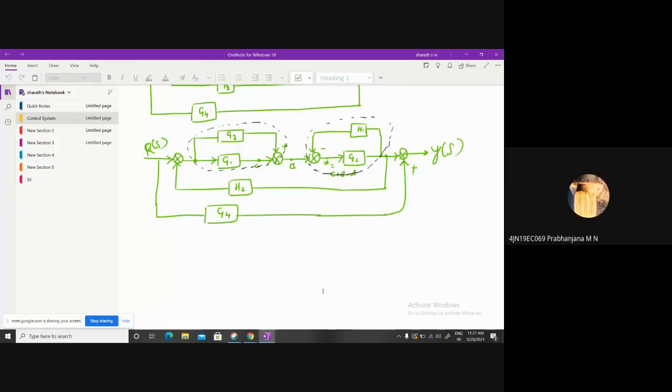G1 by 1 plus G1 into H1. It's G2, not G1.